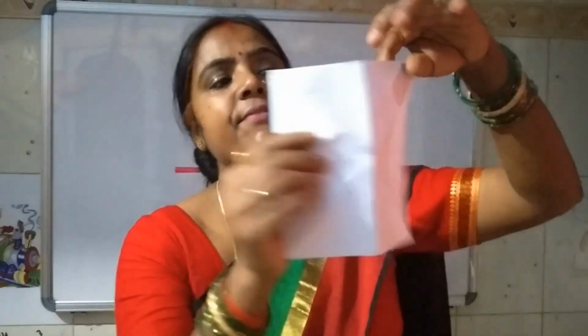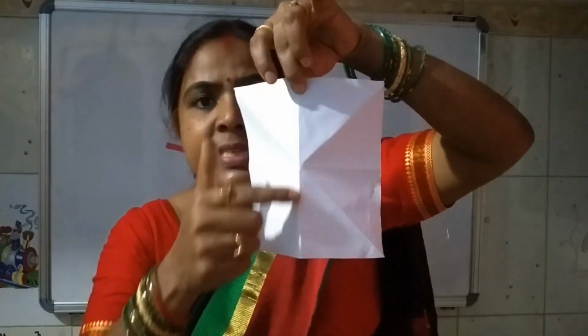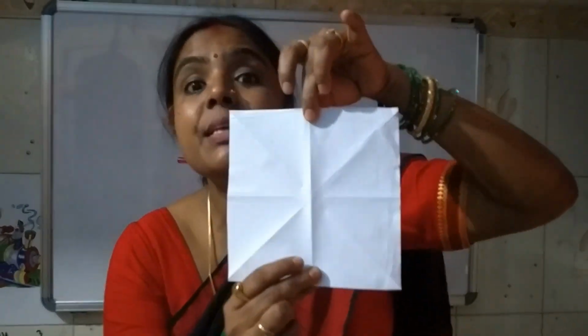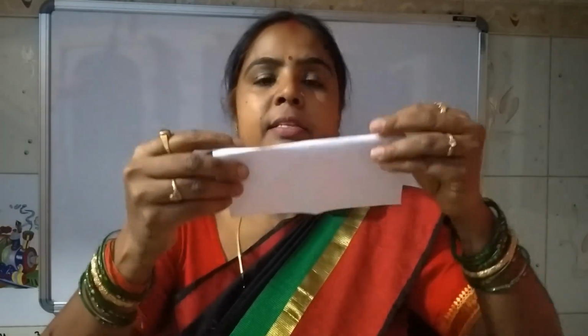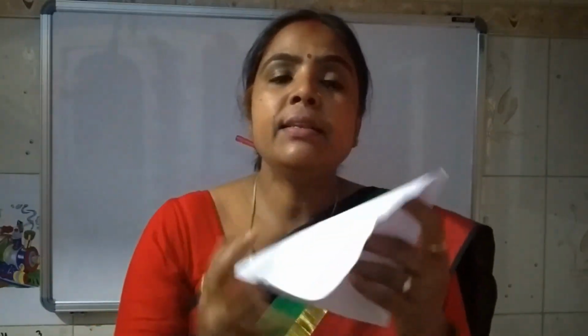This line which is coming here is called the line of symmetry. So I folded it like this: this is 1, this is 2, then this is 3, and this is 4. So the square has 4 lines of symmetry.